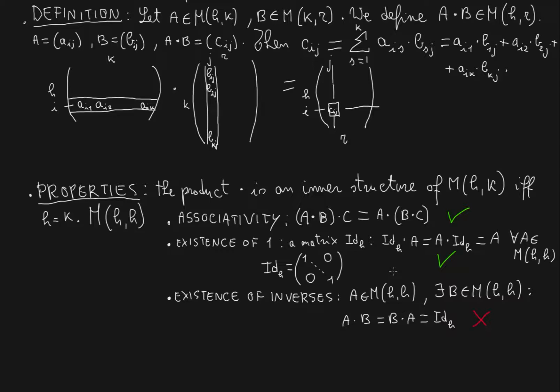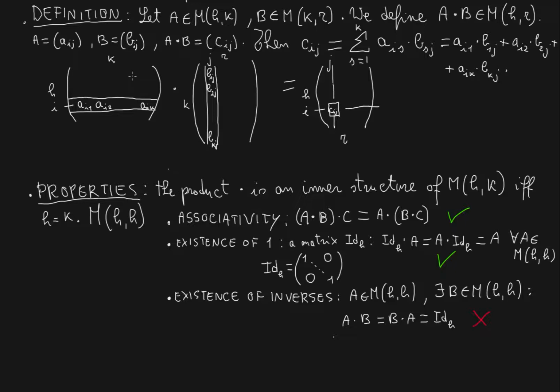Therefore, the multiplication of matrices is a generalization of multiplication inside a field. So if we restrict this definition to the vector space of matrices M11, we will see that this multiplication of matrices is exactly the same as field multiplication inside R, the real numbers.